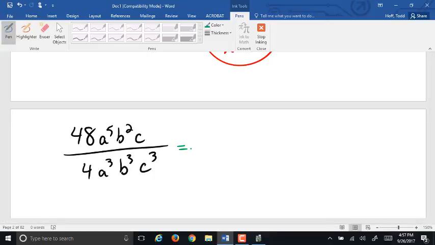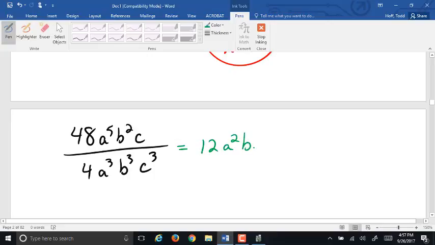What's 48 divided by 4? 12. A to the second, 5 minus 3 is 2. B to the negative 1, 2 minus 3 is negative 1. C to the negative 2. This is c to the 1, so 1 minus 3 is negative 2.